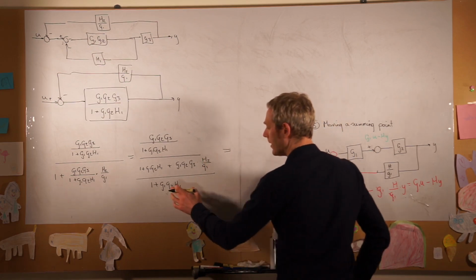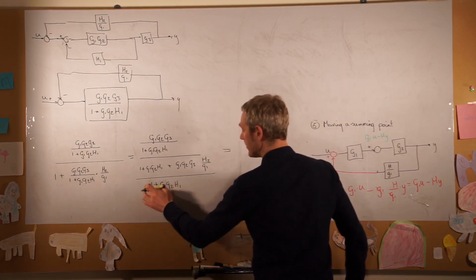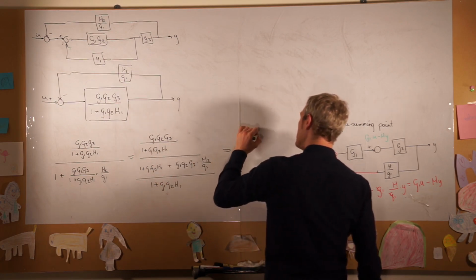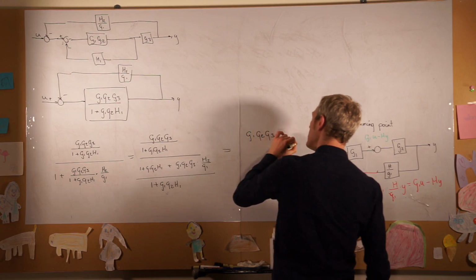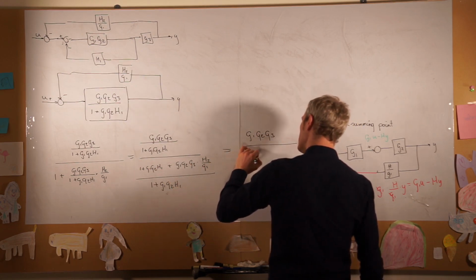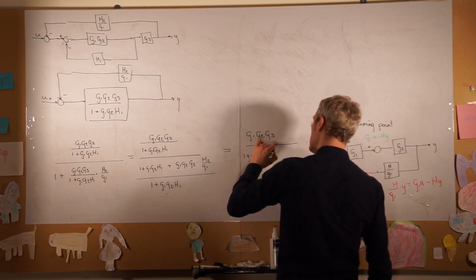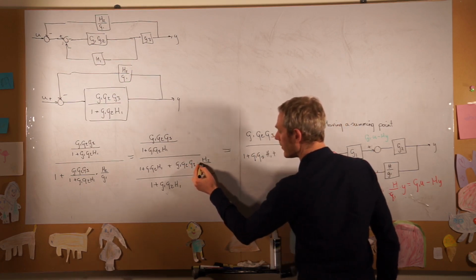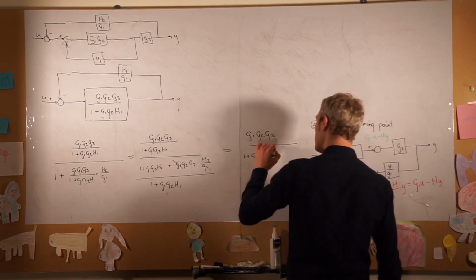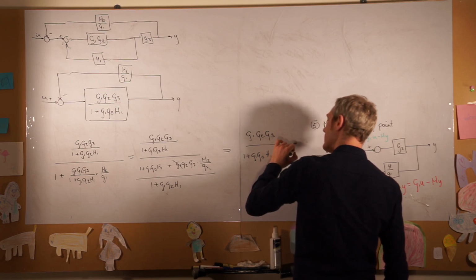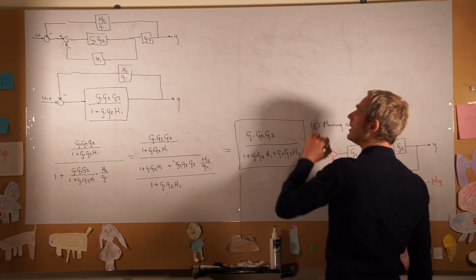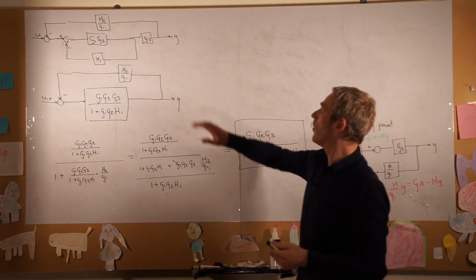And if you write that down, you see that this cancels out against this, and we're left with G1, G2, G3 over 1 plus G1, G2, H1 plus, well, here I have a G1 term which I can cancel out with that one, G2, G3, H2. And this is now the equivalent transfer function of this whole block.